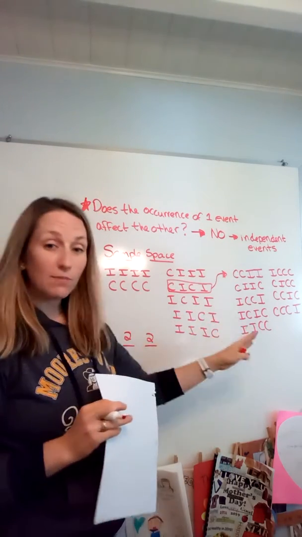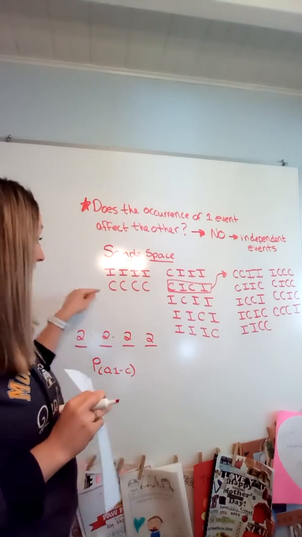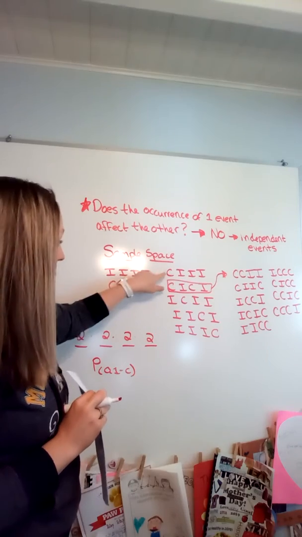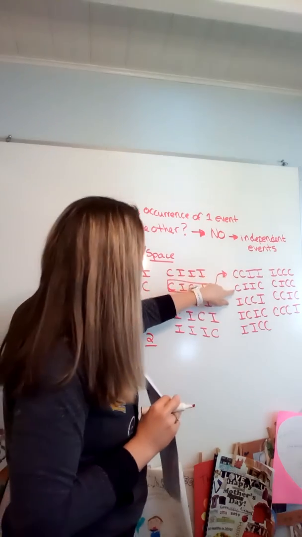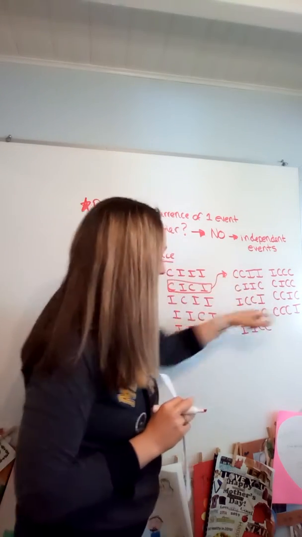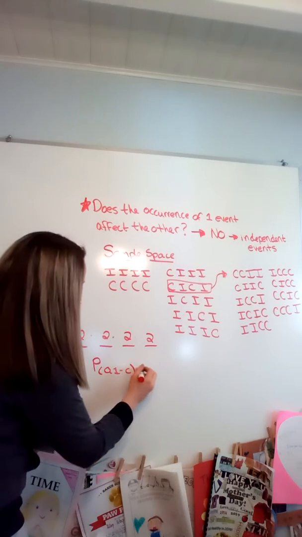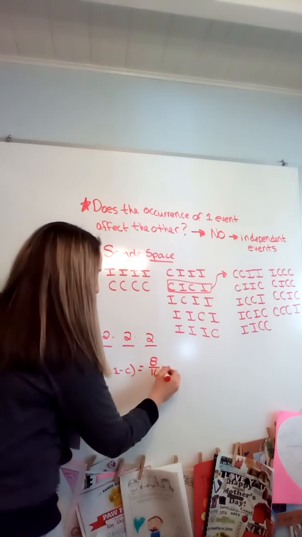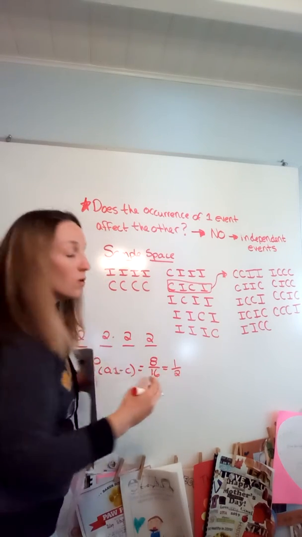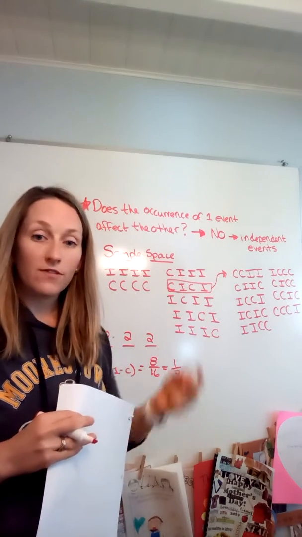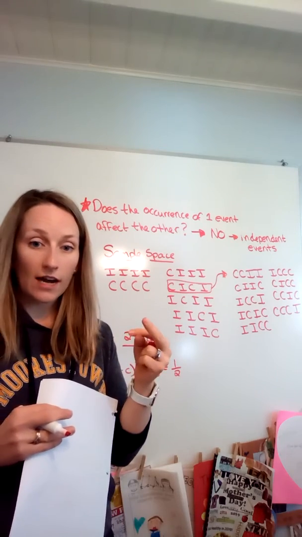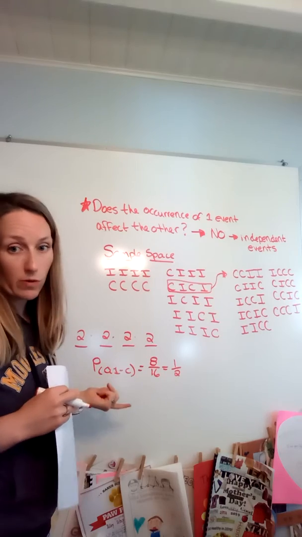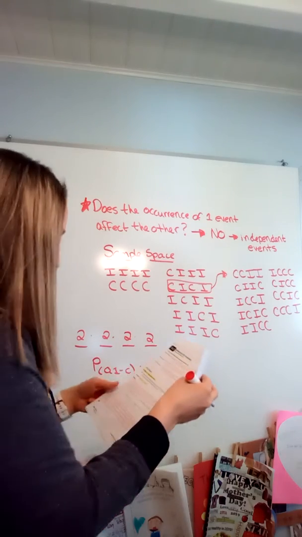Or you could use your sample space and count how many times question 1 was answered correct with a C. So it's 1, 2, 3, 4, 5, 6, 7, 8. 8 out of 16, which simplifies down to 1 over 2. Using logic, if you have 2 choices, correct or incorrect, then the probability of choosing correct for question 1 is 1/2, right? You have a 50-50 shot.